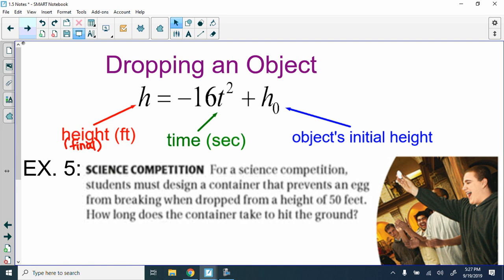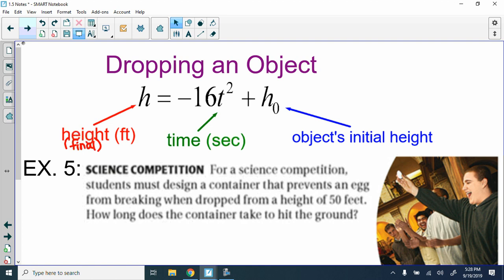It would be a different number there, negative 9.8. But that negative 16 is talking about gravity. Gravity is 16 feet per second squared is what it does to objects as far as moving them on Earth. And then h sub 0 would be the initial height of the object. So I have to know the initial height, it gets affected by gravity, and it gives me my final height. That's what this is saying.